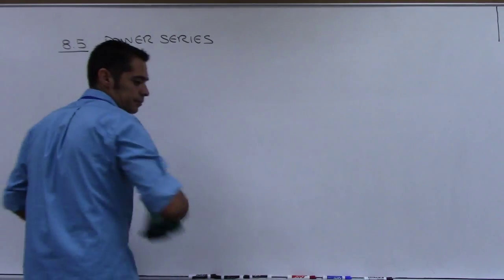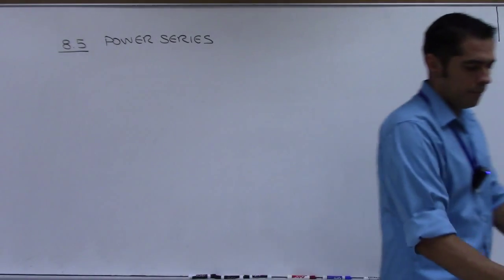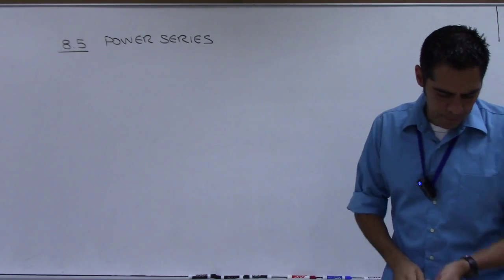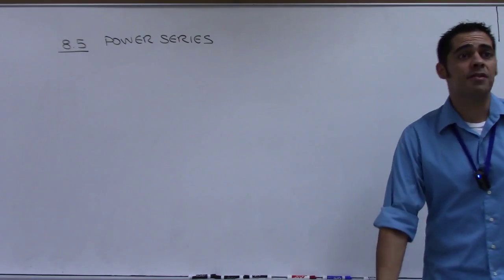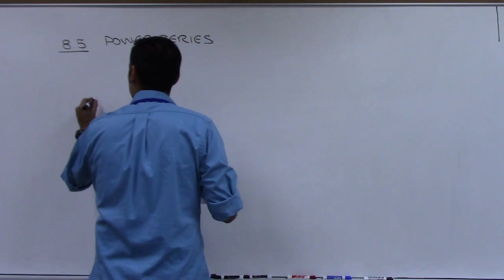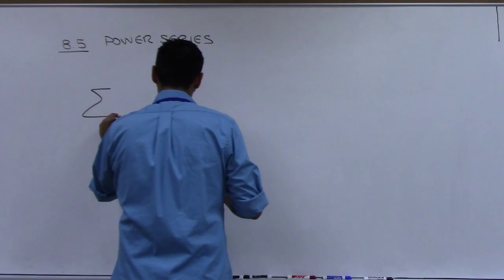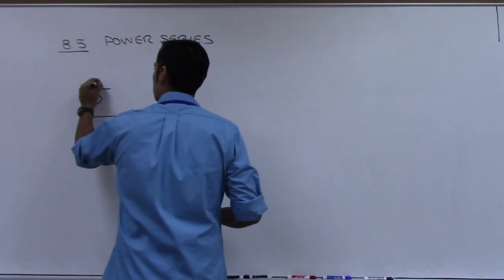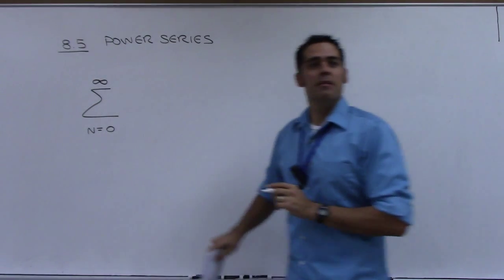Now, power series. Okay, so what is a power series? Well, according to what I wrote down here, a power series is a series starting at n equals 0, not 1. We usually started it at 1, right?